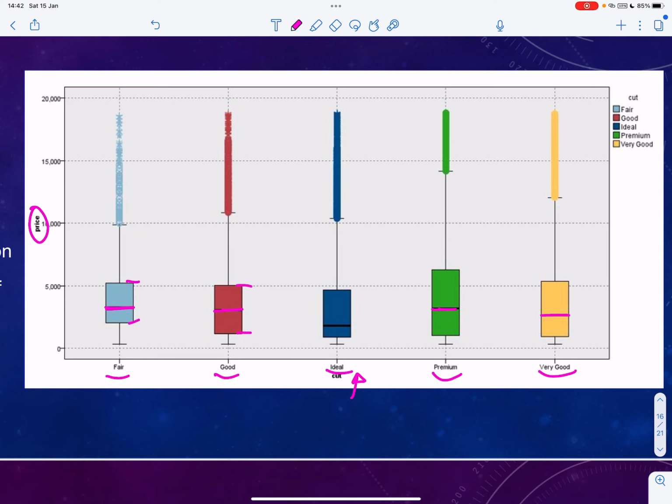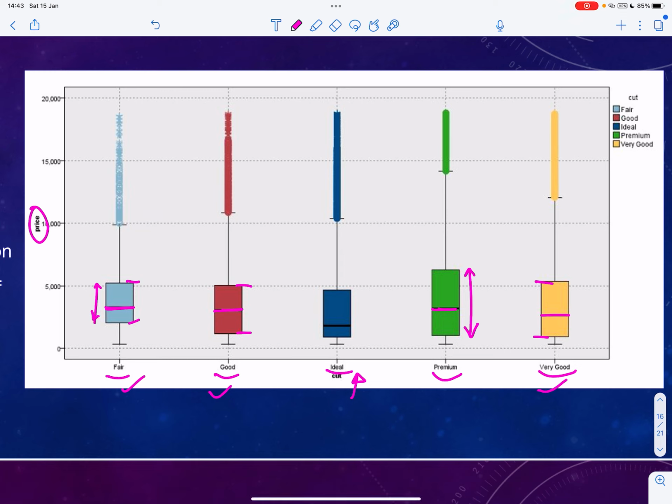So the second thing is about the first and third quartile. We can see that the range between first and third is more or less the same for very good, fair, and good. Premium, it seems, has a wider range. So you should expect a wider range of prices for premium cut rather than, let's say, for fair cut.